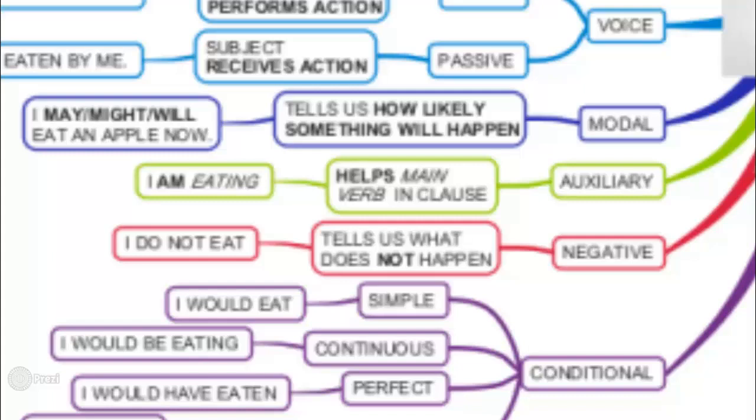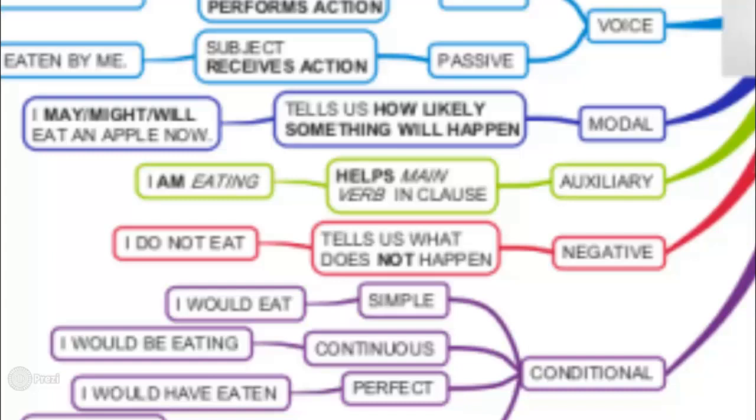For example, if I want to ask for a favor or make a request, I use could, would, should, like could you please open the door, would you please tell me the time, and then I don't actually need any auxiliary with them. So we have may, might, will, can, could, should, would, ought to, and all of them.